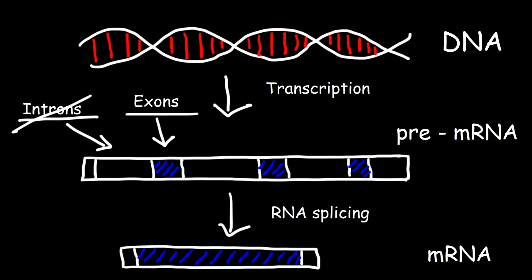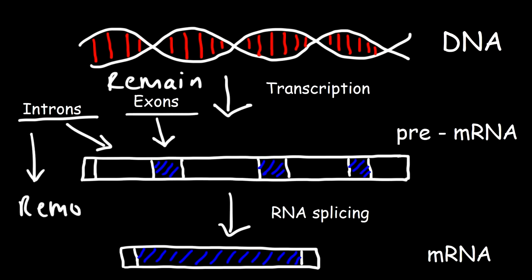Now the exons, those are shorter sequences of nucleotides, and they're going to be used to synthesize proteins. And so the exons remain, but the introns must be removed. And so now we have a completed messenger RNA strand.